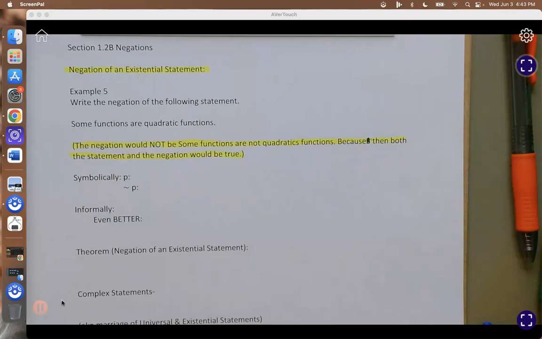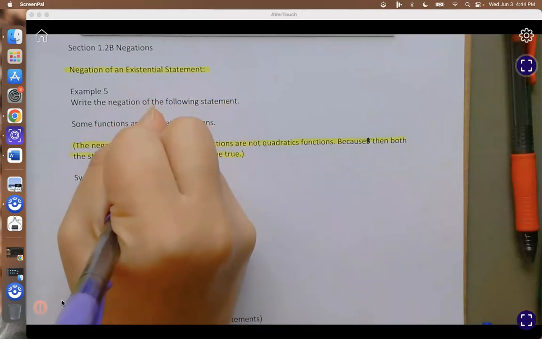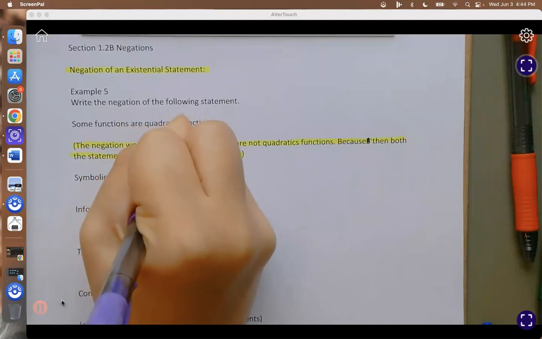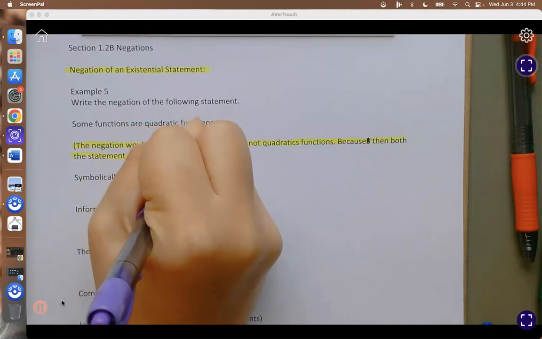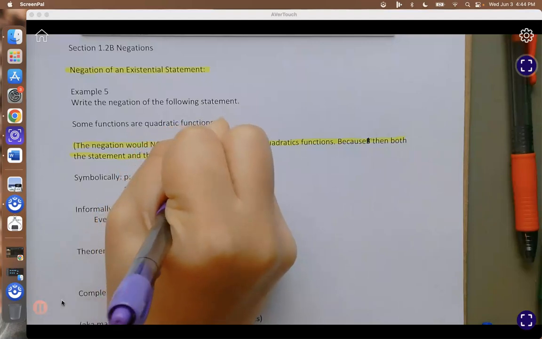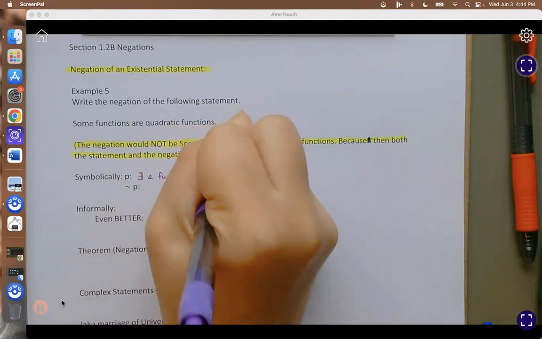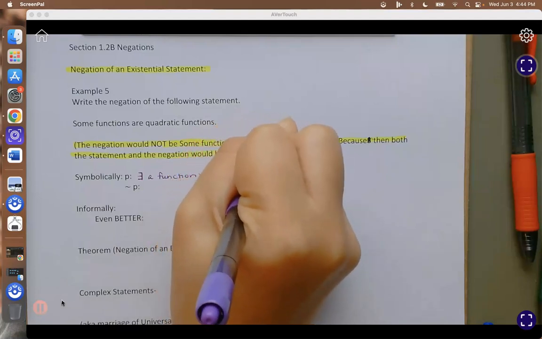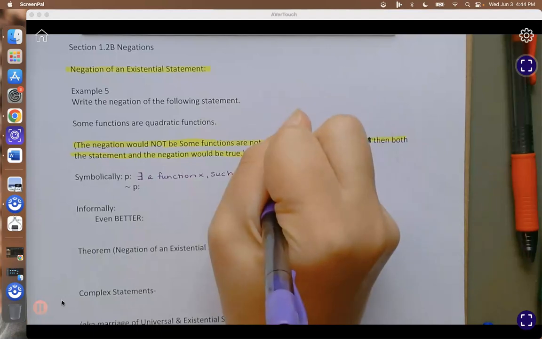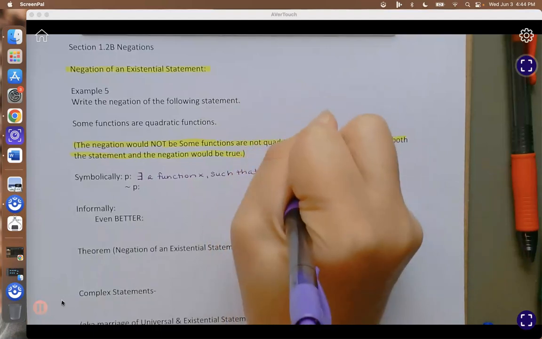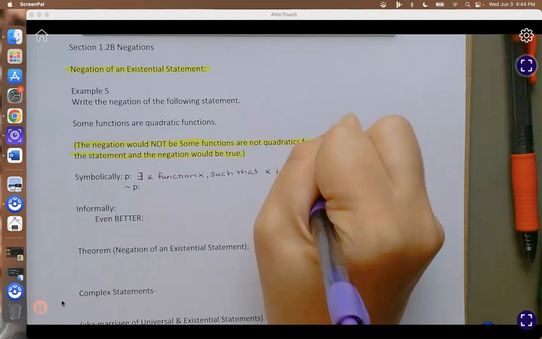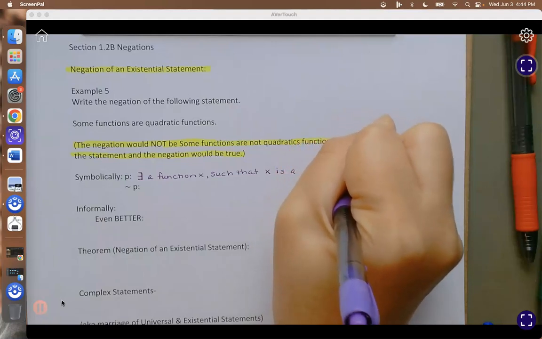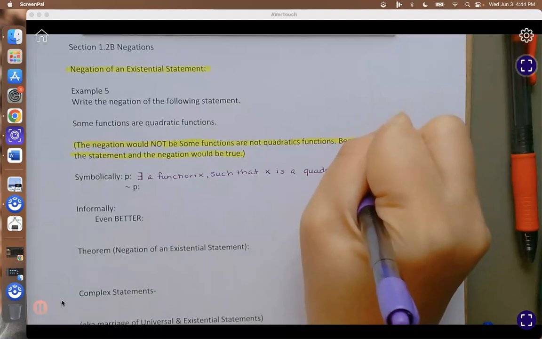So the original statement is, there exists a function x such that x is a quadratic function.